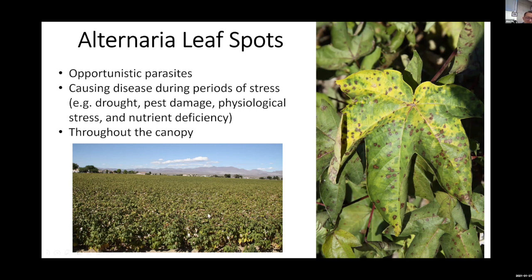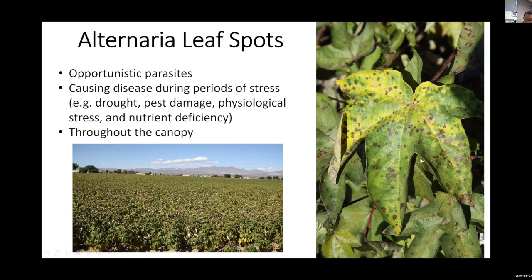It shows up occasionally, in some years, and it has something to do with the stress the plant has, also driven by the weather in the late growing season. Rainfall, drought stress, pest damage, especially physiological stress and nutrient deficiency, all contribute to the outbreak of Alternaria.